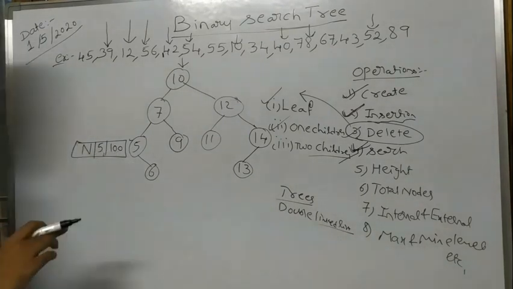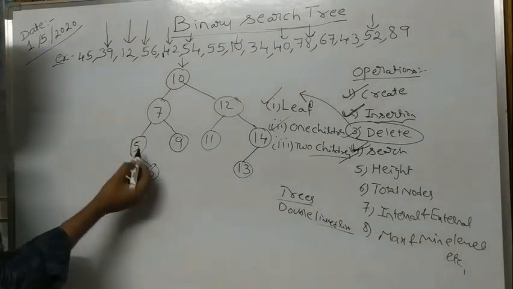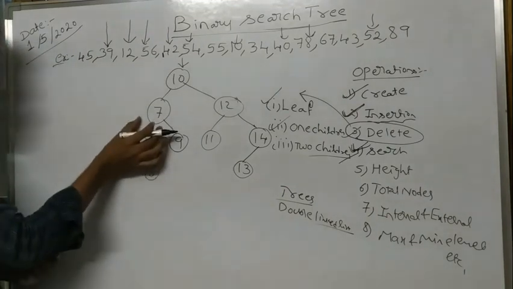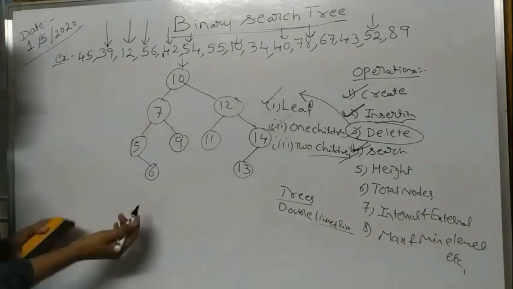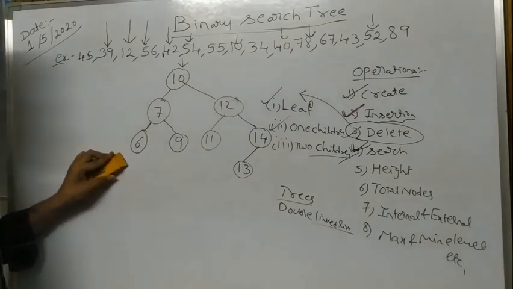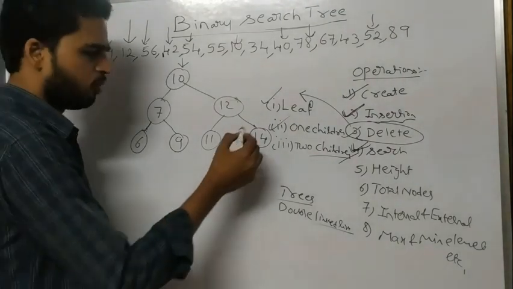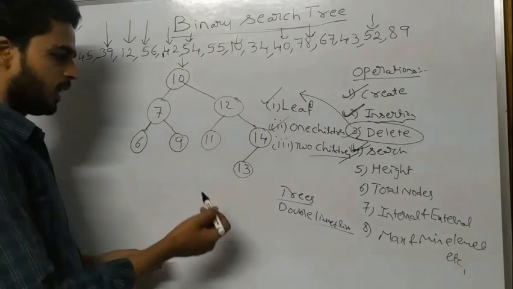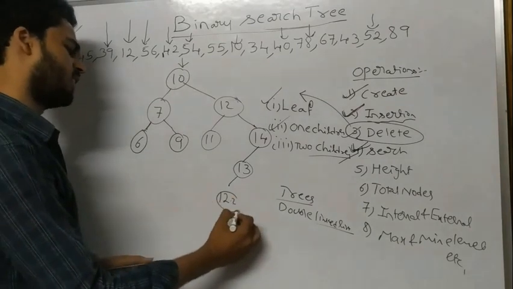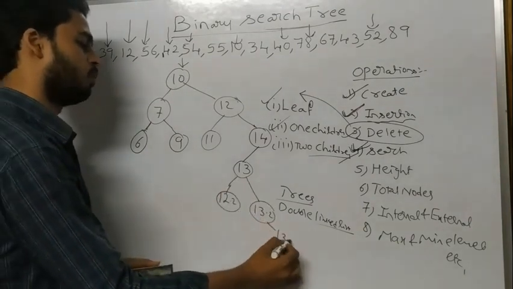When there is a single child, what do we need to do? Before deleting this, I need to append this node to this one. I will delete this and append to this particular location. Fine. For example, I want to delete node 14. You generally won't get fractional values, you will get 13.2, 13.3.